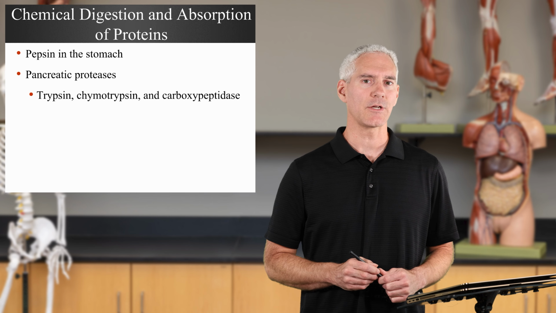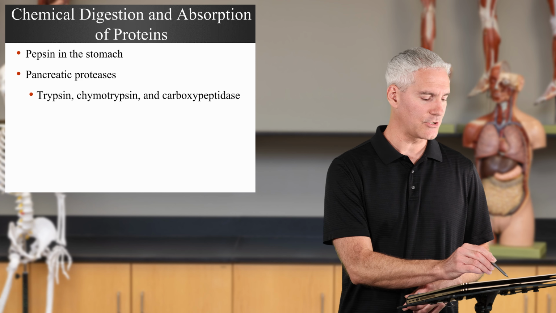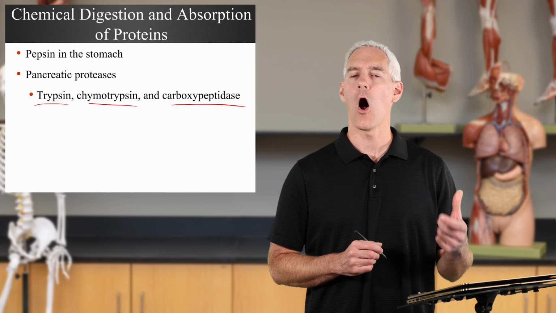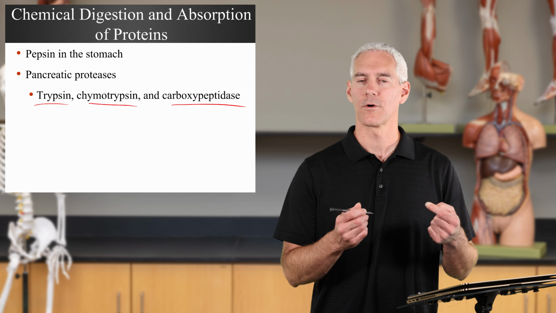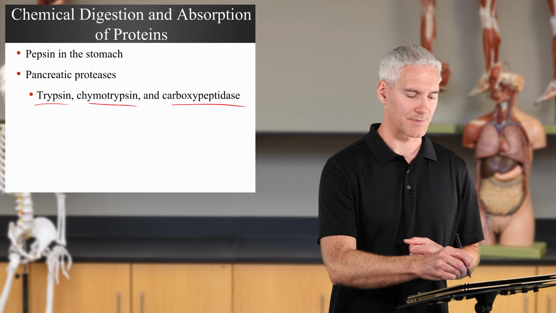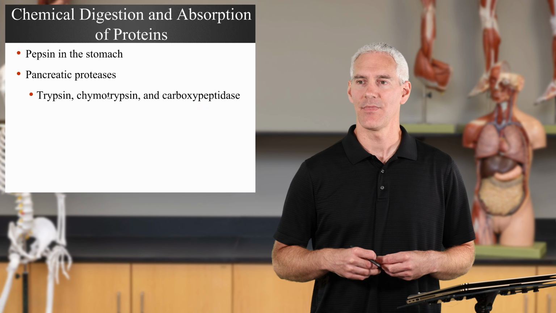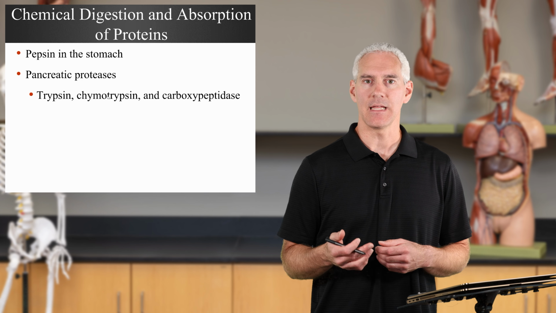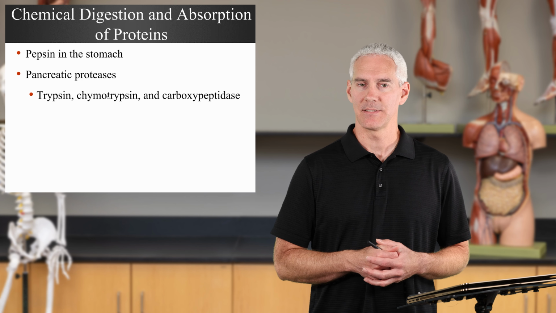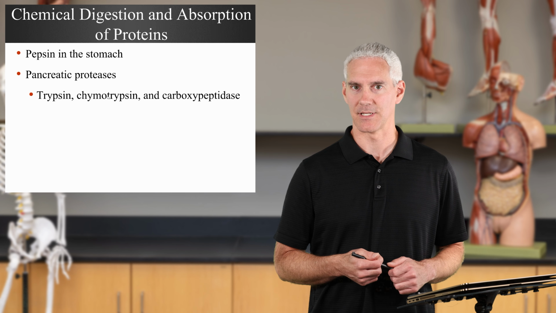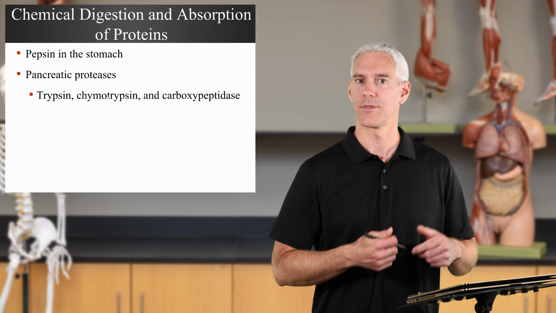You then also have the pancreatic proteases. We've already mentioned trypsin, chymotrypsin, and carboxypeptidase. All three of those were starting in their inactive forms. And then remember, once inside the duodenum, they had to be activated, either by the enteropeptidase coming out of the brush border side, or by the activated trypsin itself, or self-activation, or the other two.